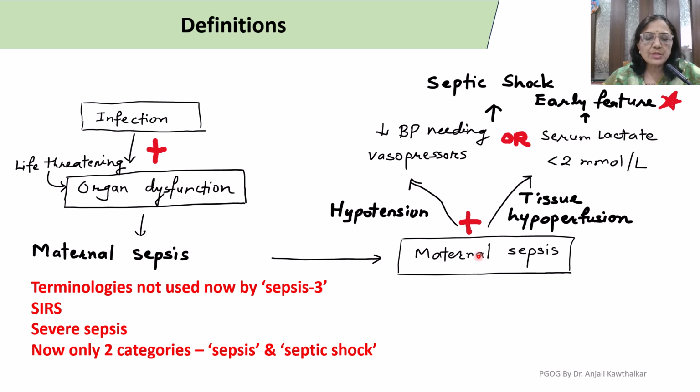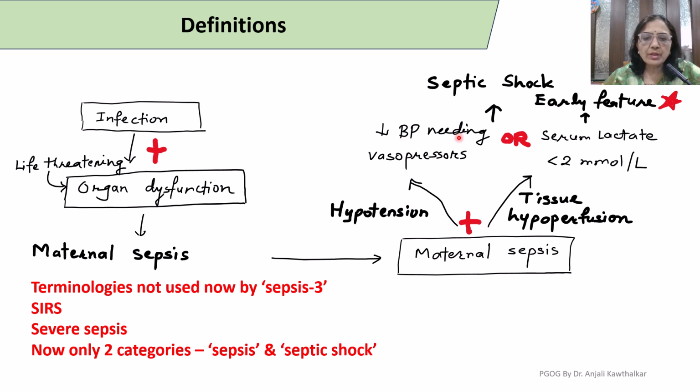With maternal sepsis, if there is tissue hypoperfusion or hypotension, it is a case of septic shock. Tissue hypoperfusion precedes hypotension, so even if there is only tissue hypoperfusion, it is a case of septic shock.